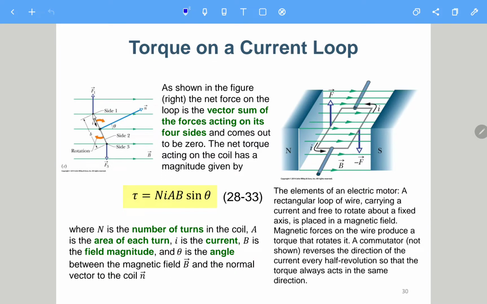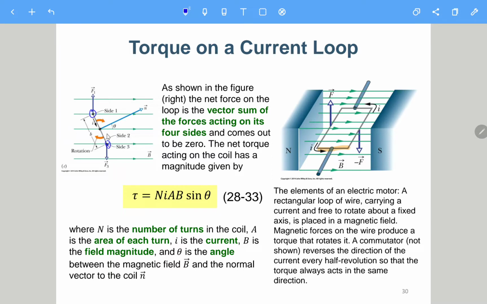The I is going from top left to bottom right, which is actually this one, going from here to here. The current here is going out of the page, going from this point to this point. So this is going out, this is going out, this is going in, this is going in. And here we have the B field pointing to the right side.